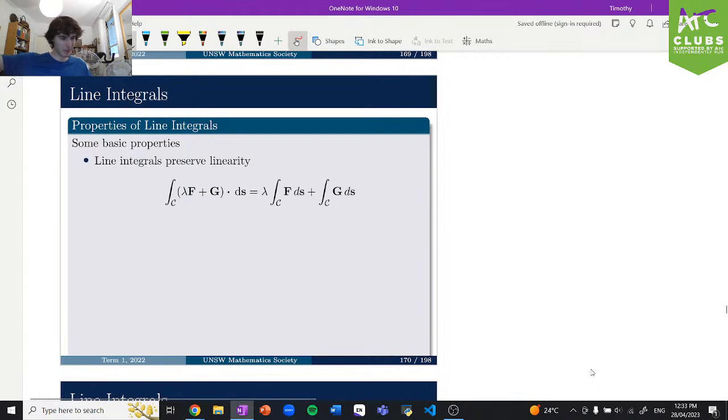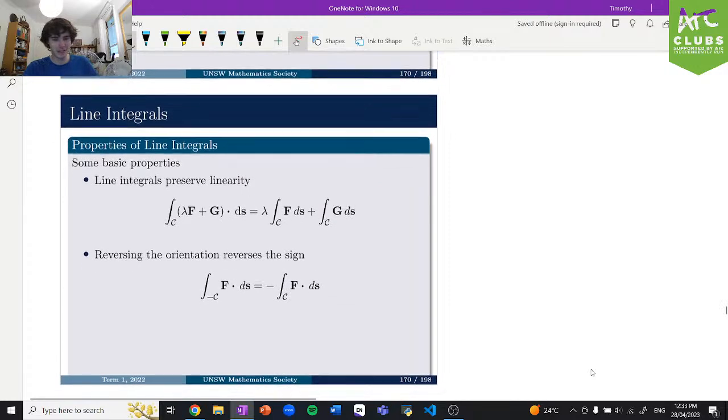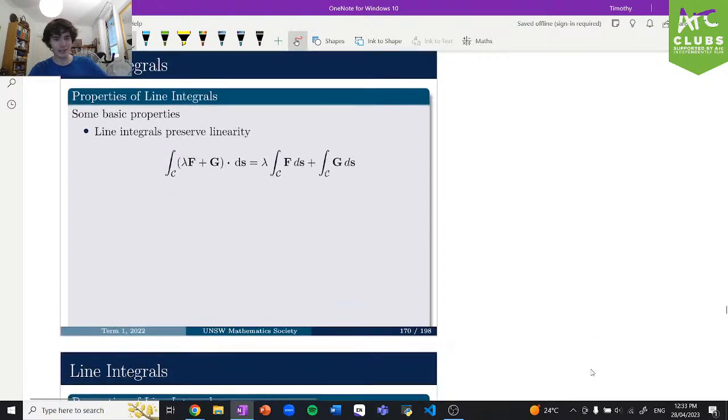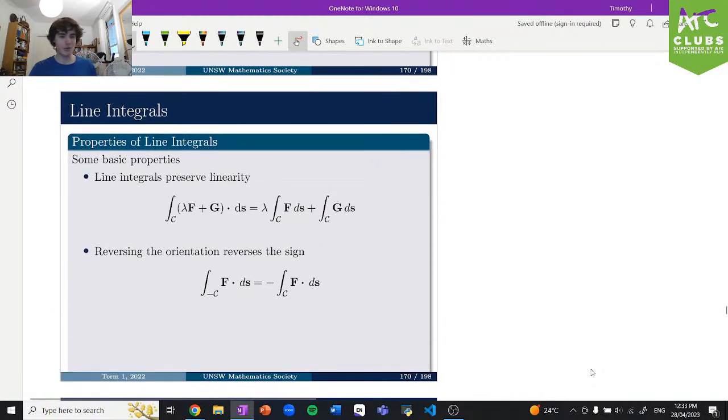Now, just like we quickly went over those properties for path integrals, line integrals also have some of the same properties. You have linearity. You also have the reversing of the orientation, which reverses the sign.